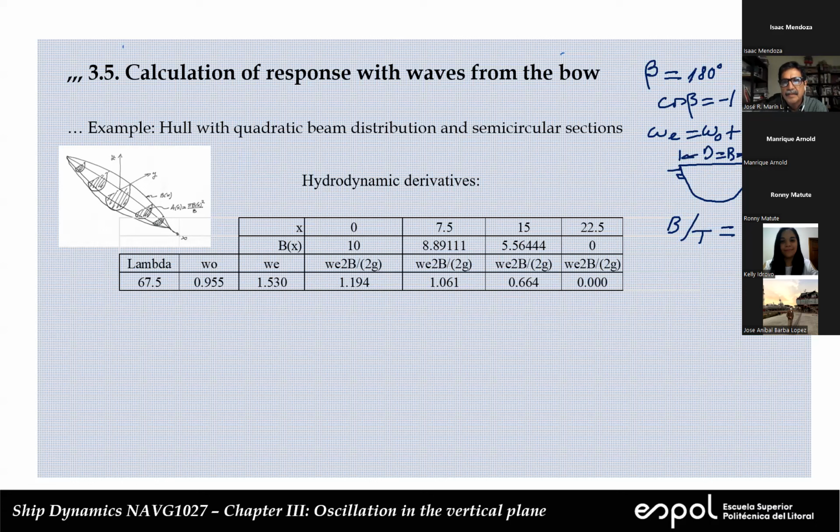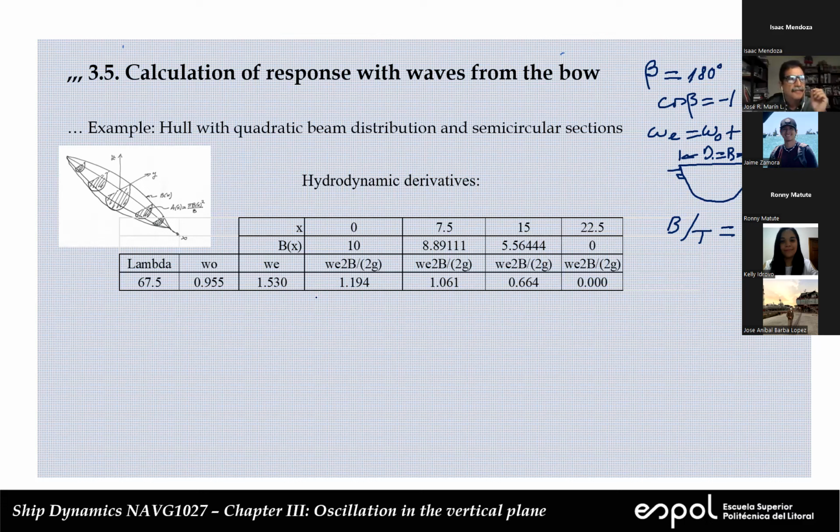What is this? This is the draft. Ratio of this with respect to that: it's 2 to 1, so it's equal to B over 2. So what's this ratio? 2. Yes.